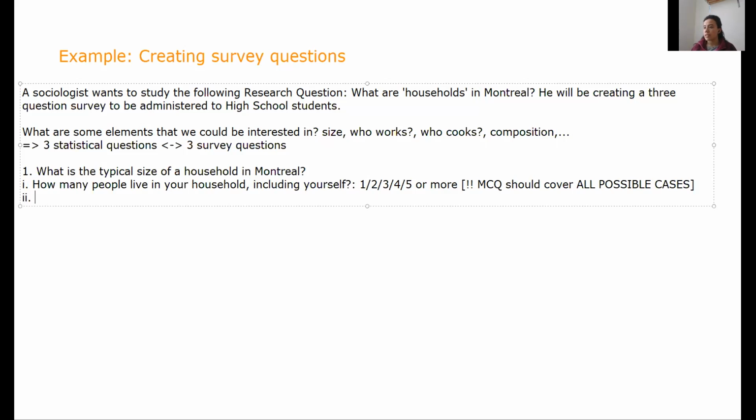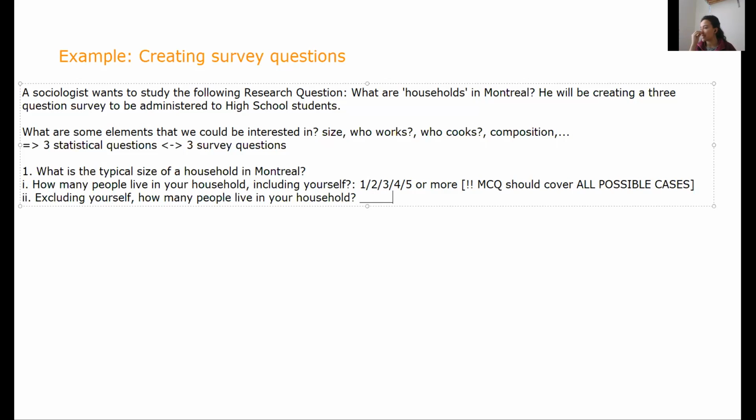And the second question, for this one I did have it, was excluding yourself, how many people live in your household? This is a different type of question, not because the question is different in essence, but because in this case I'm just going to leave a space for people to answer.